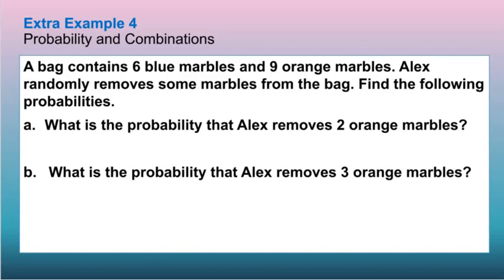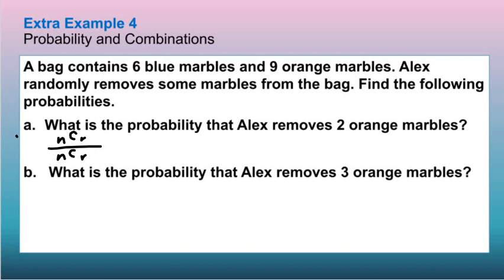Next, a bag contains 6 blue marbles and 9 orange marbles. Alex randomly removes some marbles from the bag. Find the following probabilities. What is the probability that Alex removes 2 orange marbles? So for this one, removing orange marbles, we're going to do combination on the top divided by the combination on the bottom.